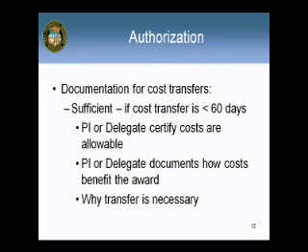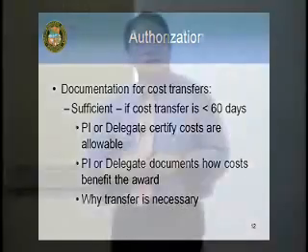The other issue, though, has to do with cost transfers. I spoke earlier about making sure that they're allowable to our grant, that they directly relate to the grant, that they're within the period of availability, that they're timely. What we've come up with is two different qualities of documentation based on the age of a transaction.